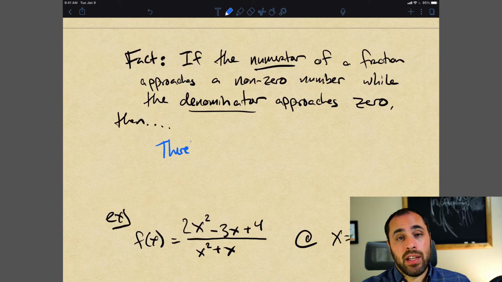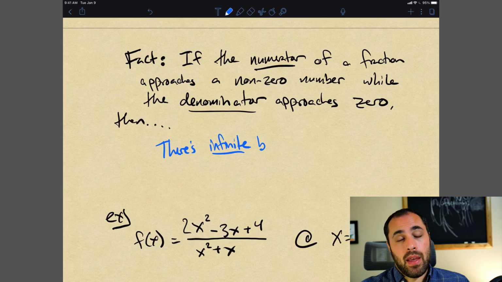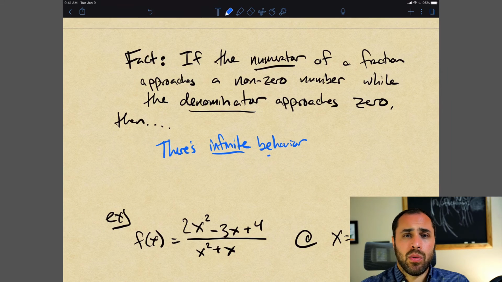Our function is either getting infinitely large in the positive direction or in the negative direction. And there's a little art to figuring out which one it is. So if it looks like we're dividing a non-zero number by 0, something infinite is happening, but we need to figure it out.